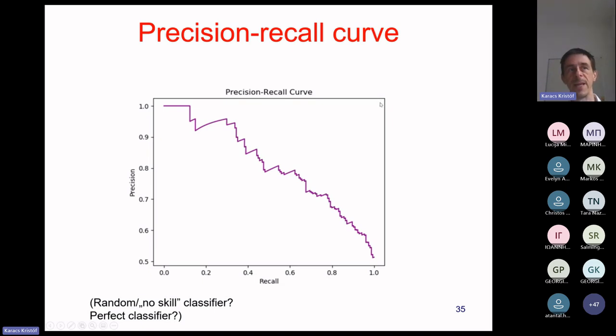So a perfect classifier should be positioned up in the top right corner of the precision recall curve space. And if you want to draw a corresponding curve, then this would be basically just a long line on the top, reaching this point, and then a vertical line down along the right side of the precision recall curve diagram.